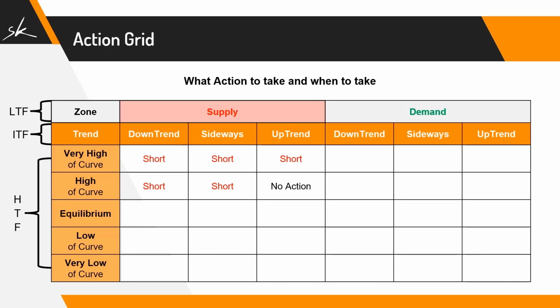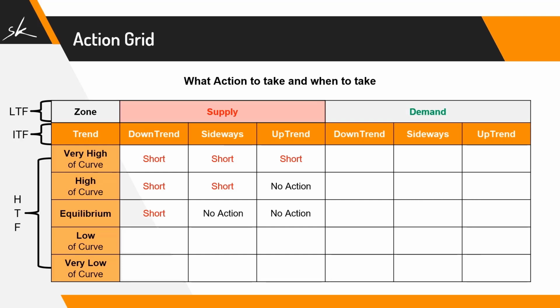When a supply zone is located at equilibrium, it means we are neither close to higher time frame demand nor to higher time frame supply. We will take support from the trend. Our action will be to short if the trend is a downtrend, no action if the trend is sideways, and no action if the trend is uptrend.